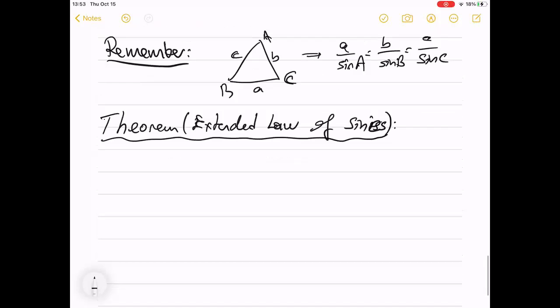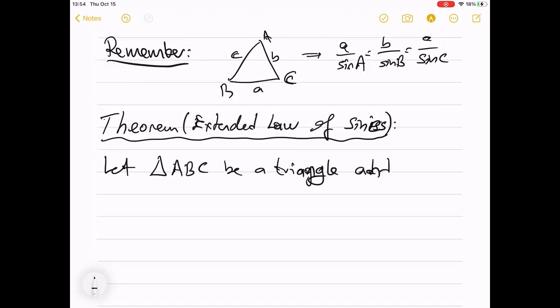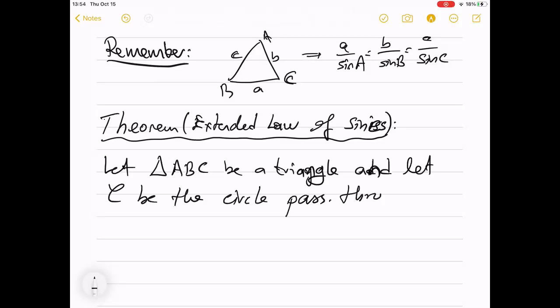It says, let ABC be a triangle, and let C be the unique circle passing through A, B, C. Namely, it's the circumcircle of this triangle ABC.